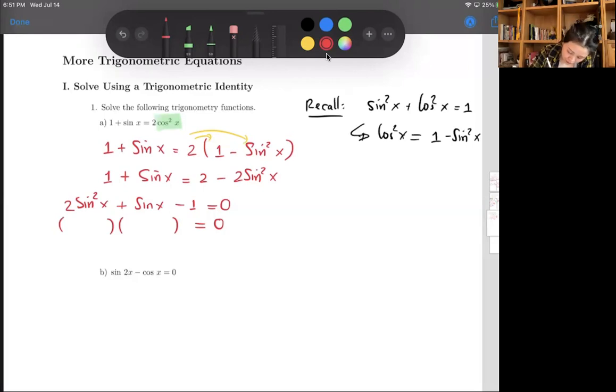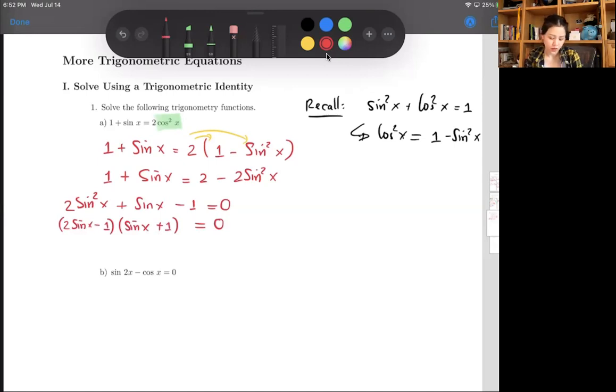I need sine x here and sine x here, because 2 sine x times sine x gives me 2 sine squared x. Then I need 2 numbers multiplied to give me negative 1. The only possibility is minus 1 and positive 1.